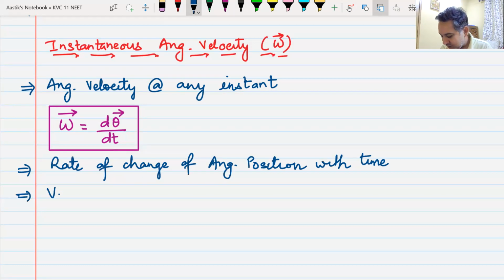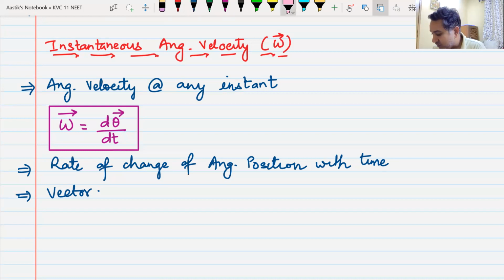It is a vector quantity because d theta is a vector. The SI unit is radians per second, and the dimension is T raised to the power minus 1.